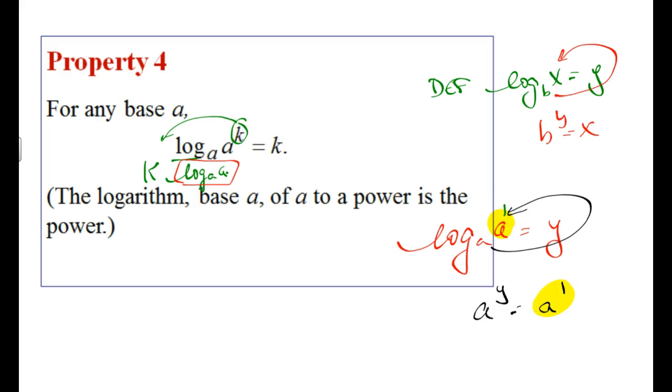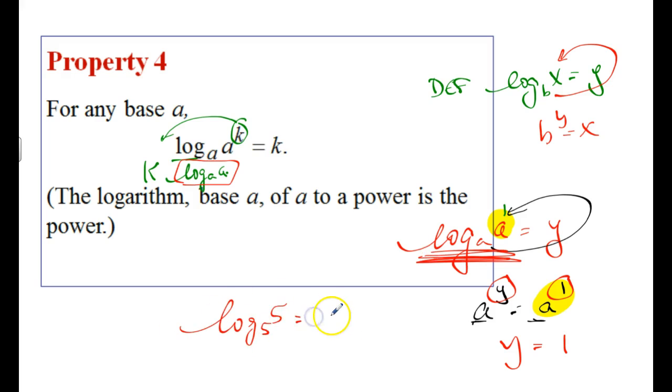And then I use my one-to-one property and say, well, if a equals a, then this y term has got to equal 1. So that's a nice property to know too. The log of 5 base 5 equals 1. So that's just k times 1, and k times 1 is just back to k.